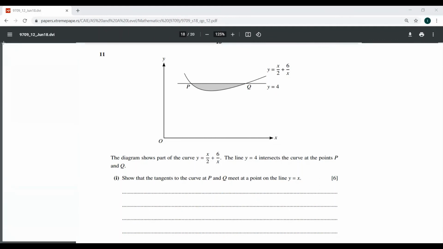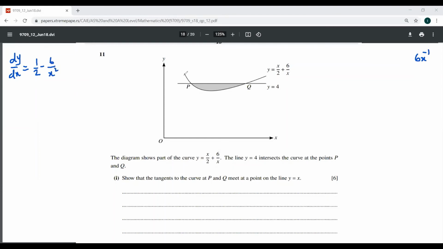Okay, so if we have to do that, we need to differentiate this first of all. So I'll be finding dy by dx. The derivative of x by 2 is half, and 6 over x is 6x to the power minus 1, so this will be minus 6 over x squared.